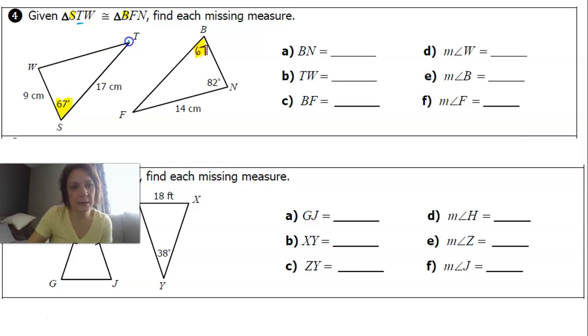T and F. And then we'll just wait quietly for the computer. Perfect. Okay, so I don't know how big either of those are, so there's no measurement I can move right now. And then last but not least, I have a third angle pair that I can use, and that is W and N. So W and N.